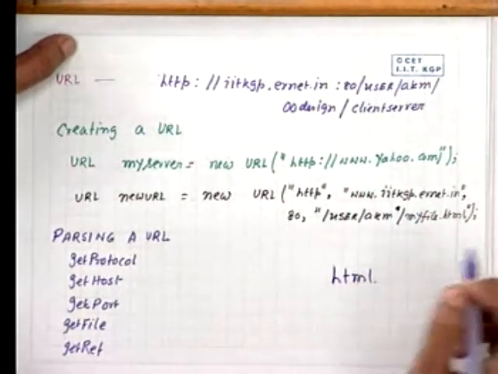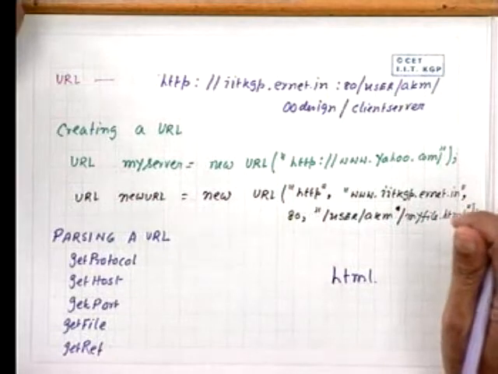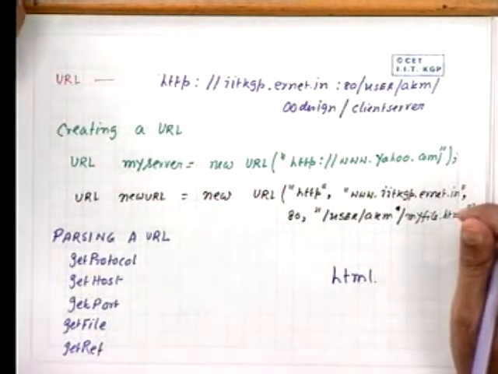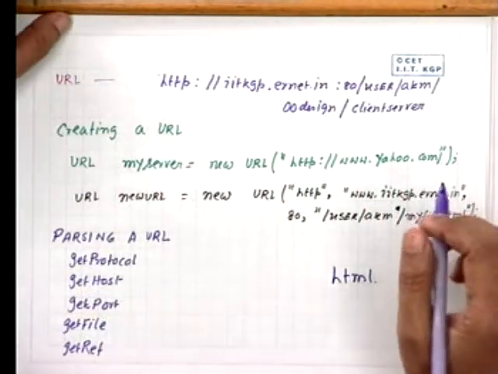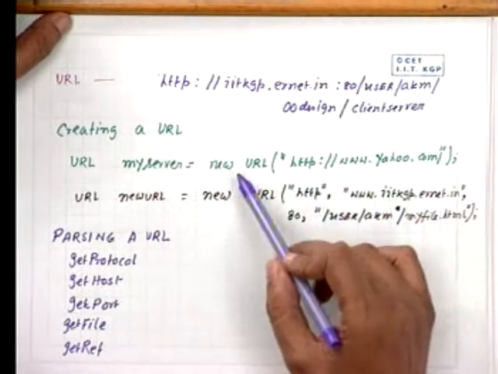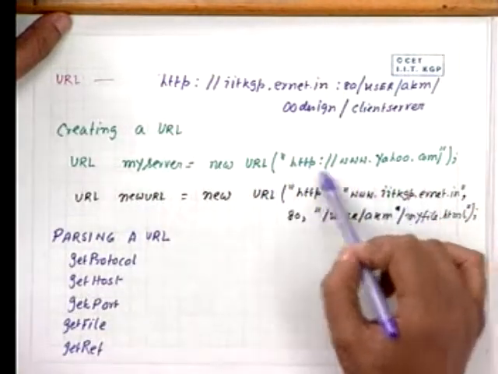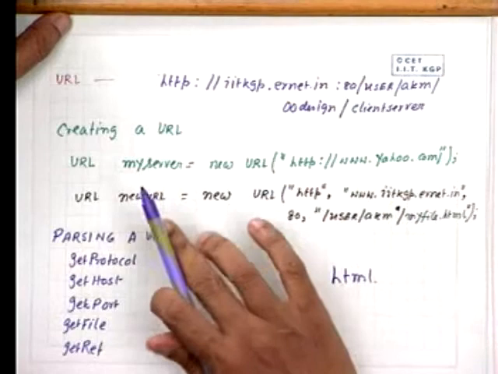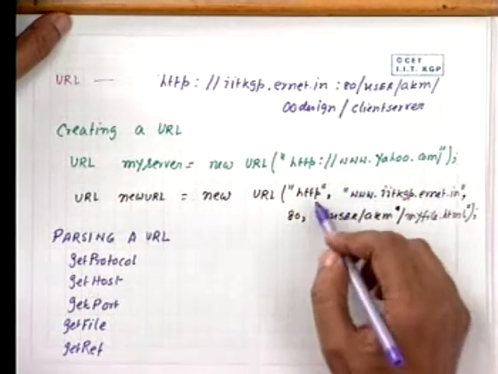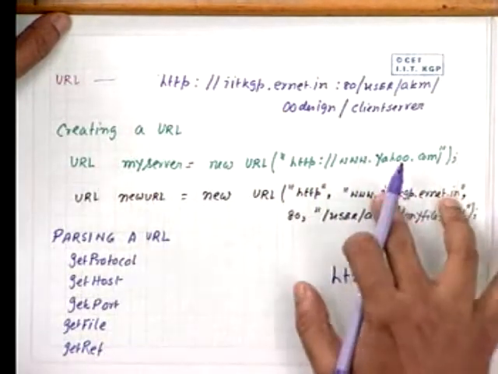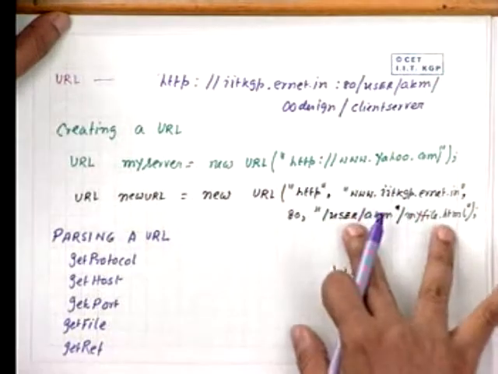This will be discussed in detail in the internet course. Therefore we can specify the URL by simply giving the string, or we can specify it this way: you specify the protocol, the domain name, the port number, then the directory path.